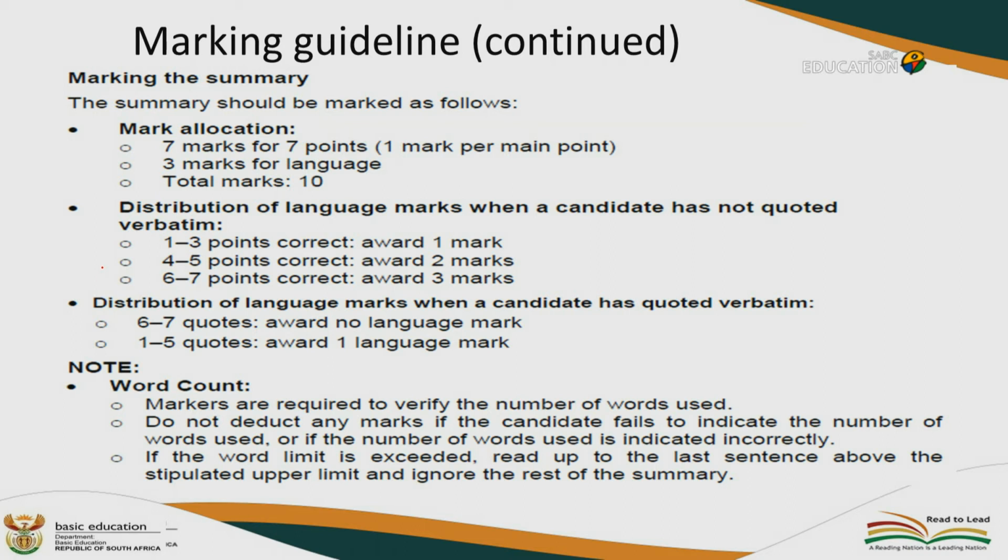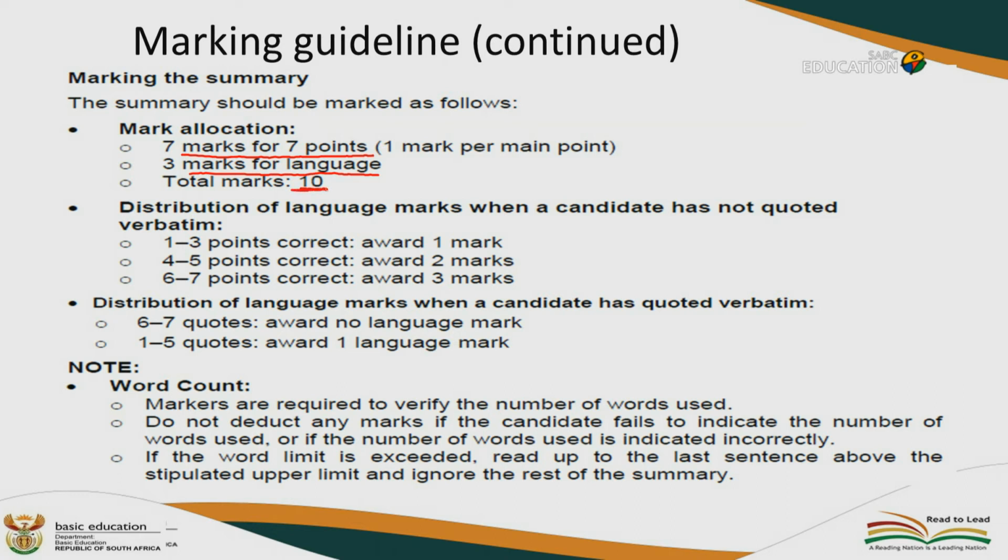Mark allocation, 7 marks for 7 points. The correct point will get 1 mark. Then we have the remaining 3. What is the remaining 3 for? 3 marks for language. Then the total is 10.